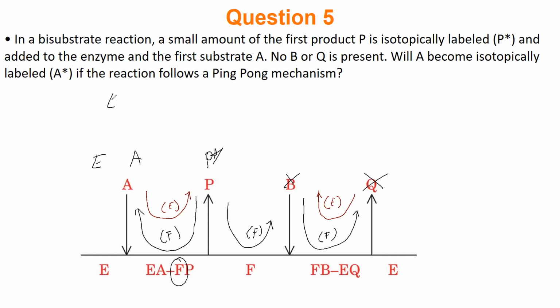And what will happen is that this E and A will combine to make F plus P. Once you make F, this F can interact with the labeled P you have to begin with and go backwards to make E plus labeled A. So based on the ping pong method, it is possible in this setup, given this problem, to create labeled A. Any questions about that logic, or did I lose you, or anything at all about this idea here?